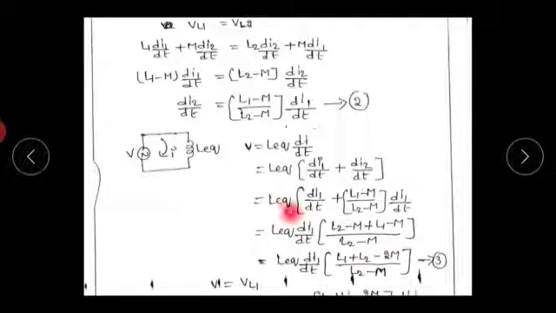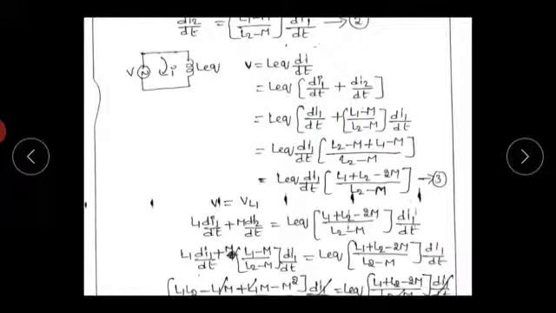Substitute di2 by dt here, which is L1 minus M by L2 minus M into di1 by dt. Taking di1 by dt common, we can write L equivalent into di1 by dt into L2 minus M plus L1 minus M by L2 minus M, or L equivalent into di1 by dt into L1 plus L2 minus 2M by L2 minus M.